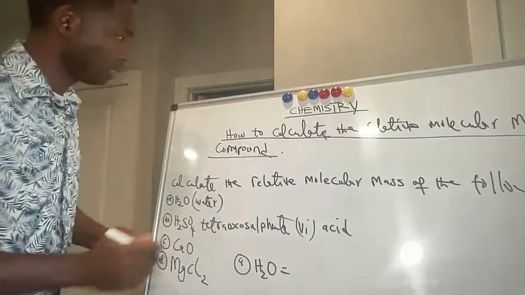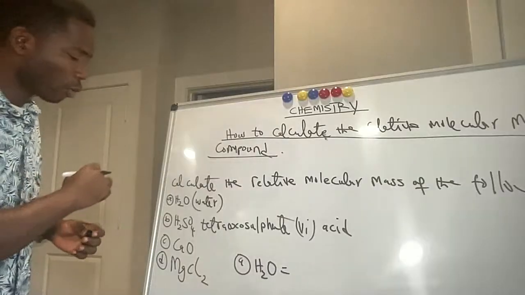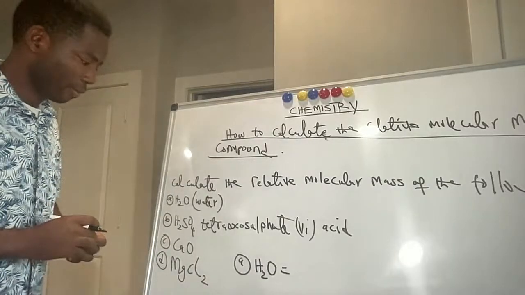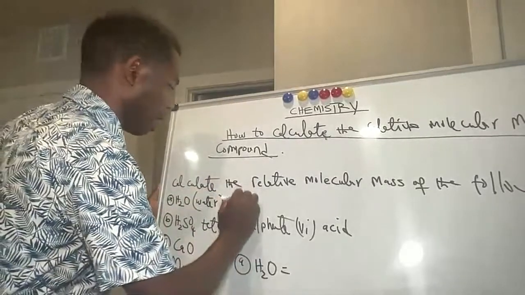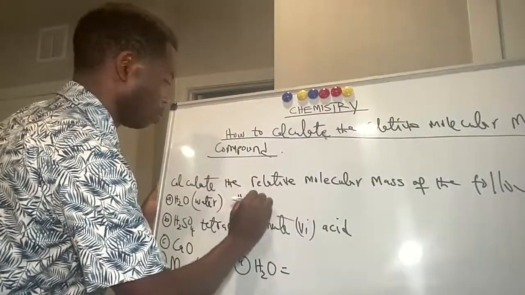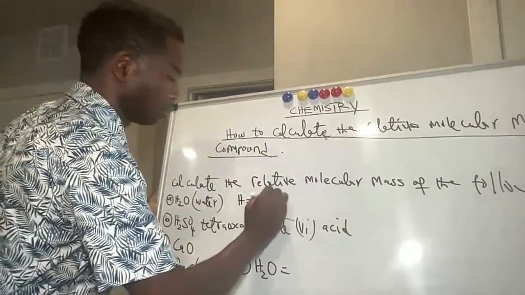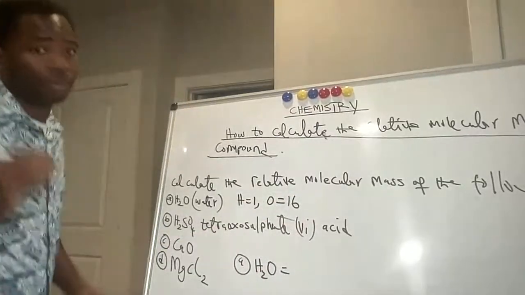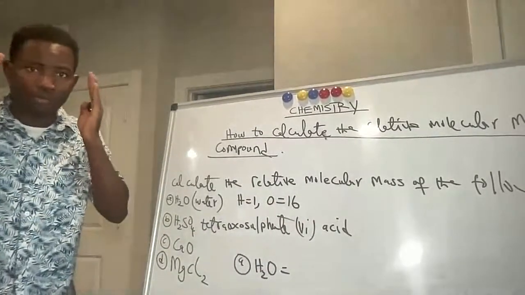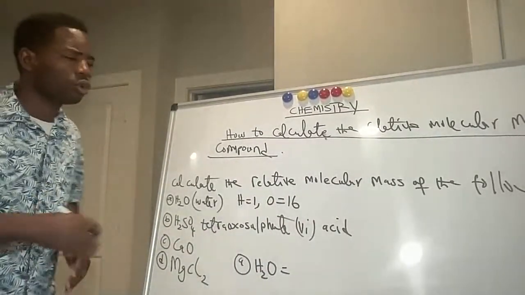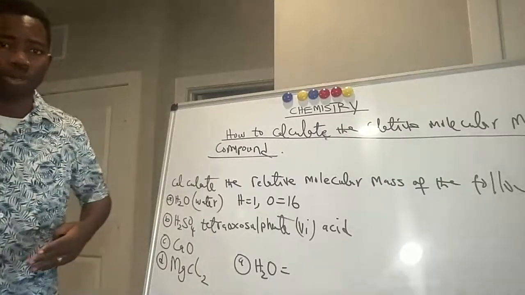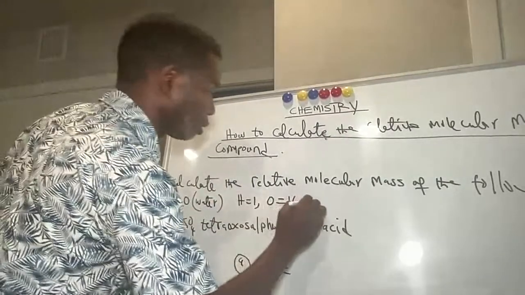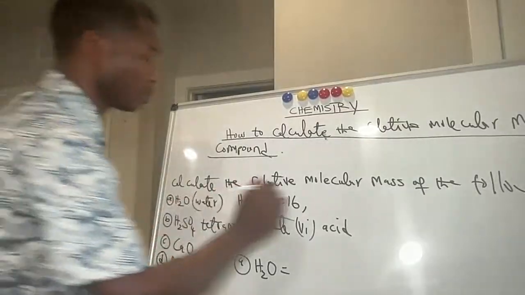Before we proceed, let's write all the mass numbers of the elements. Hydrogen 1, oxygen 16. As a chemistry student, you must keep these values in your mind, because in most questions you will not be given these values. You should be able to bring them from your mind. Then, let's proceed. Sulfur is 32.